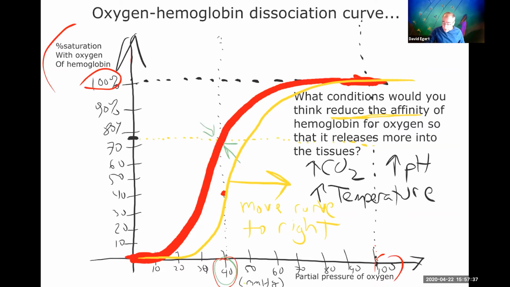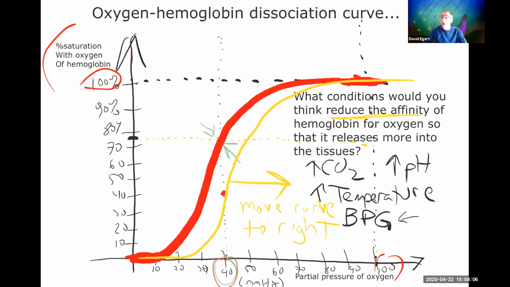There's one other thing which is called BPG. Its actual name is 2,3-bisphosphoglycerate. Don't worry about its actual name, but this is basically made by red blood cells as they go through glycolysis. It's actually one of the intermediates. It's basically an indicator that the cells are doing higher rates of metabolism.